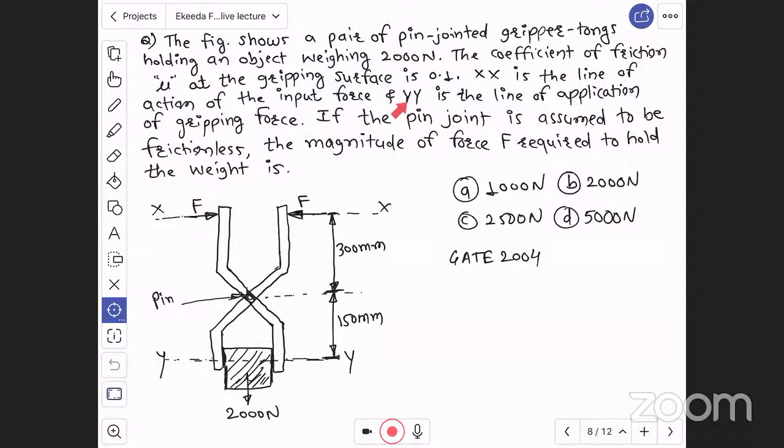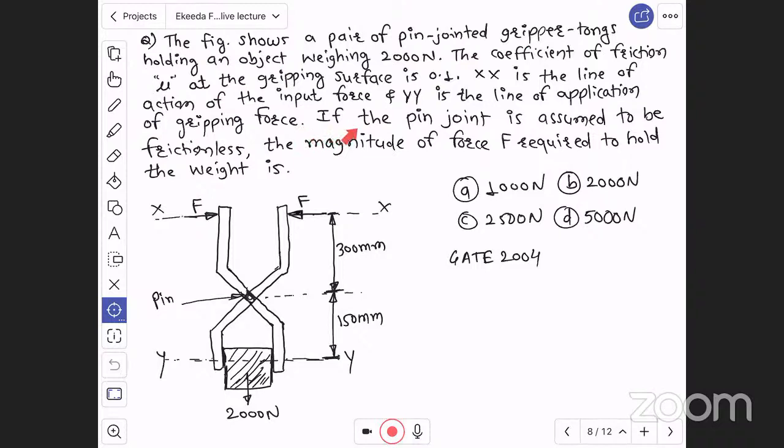Here the xx location is given. Here you are applying the input force, meaning this is the position you are holding in your hand. Imagine the tongs you use at home to hold utensils. We hold this location in hand so that we can apply the input force.